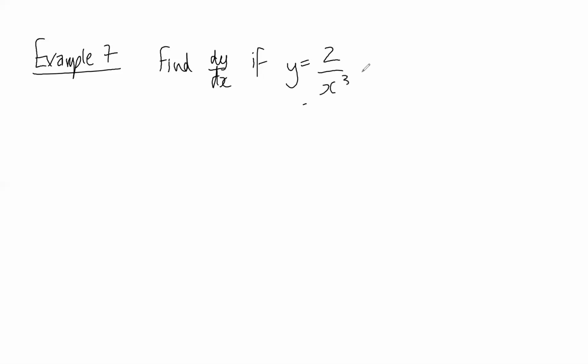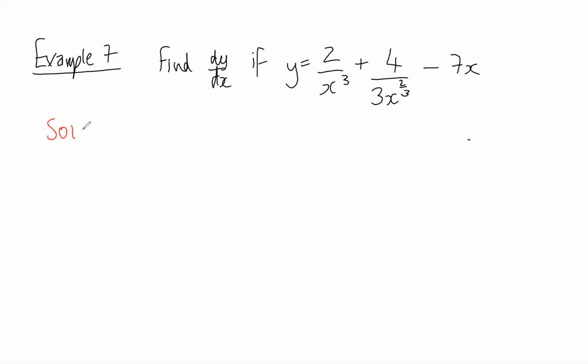So example 7. Find dy by dx if y equals 2 over x cubed plus 4 over 3x to the 2/3 minus 7x.